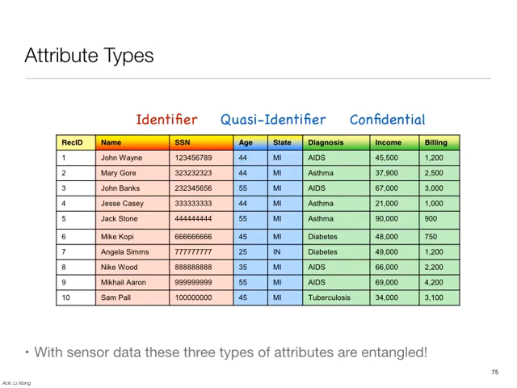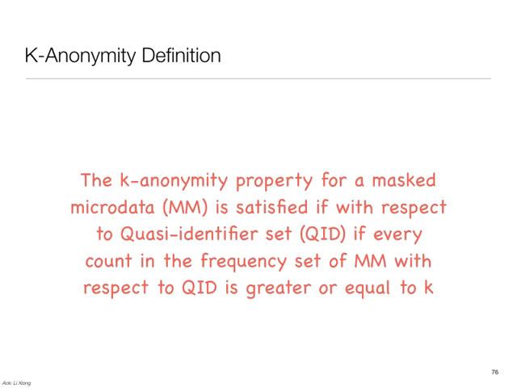So we have these different kinds of attributes, and what k-anonymity does is, the k-anonymity property basically says that with respect to the quasi-identifier set, the key attributes, the number of records with that value of the quasi-identifier is at least k.